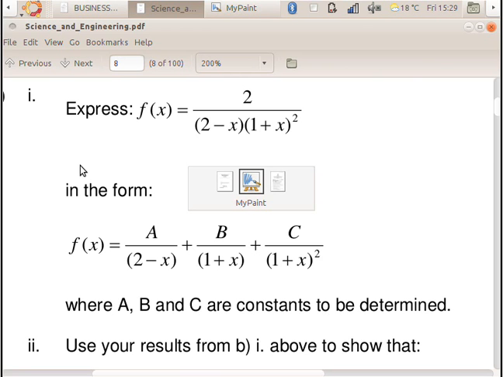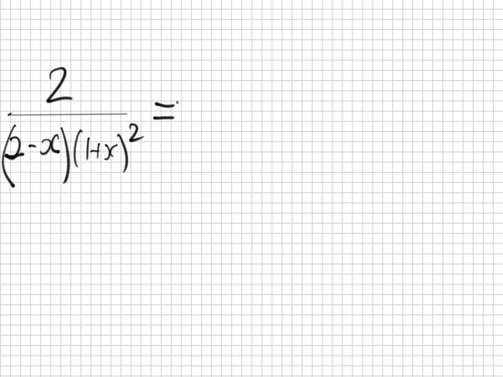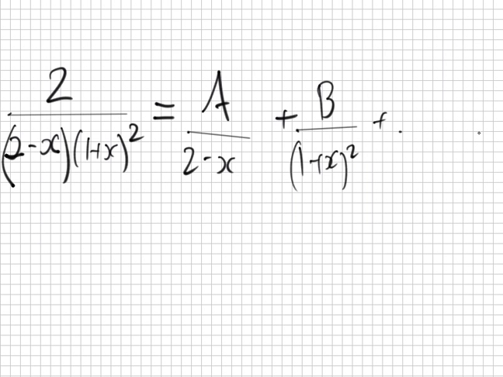Please read the two fractions back to me. So the first one, the main one, what is it? It's 2 over (2 minus x)(1 plus x) squared, and that's equal to a over 2 minus x, and then b over 1 plus x, and then c over (1 plus x) squared.